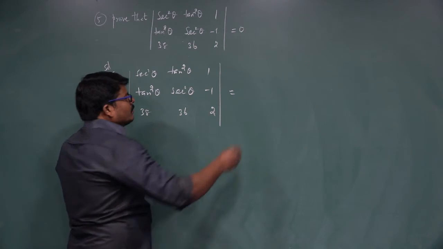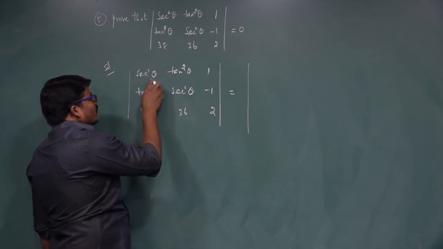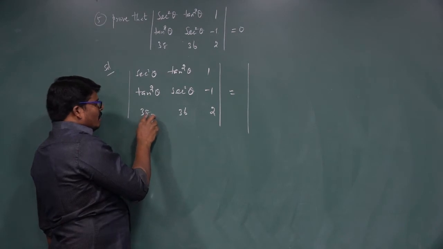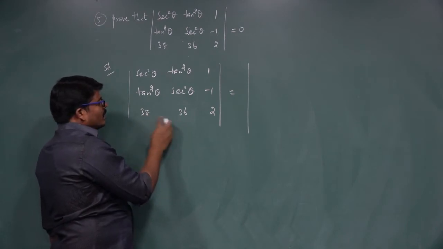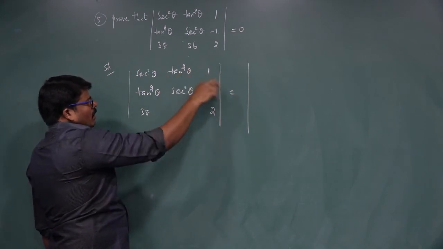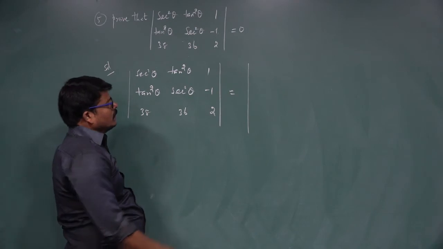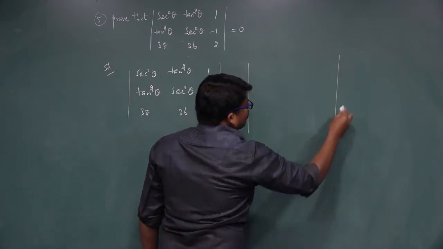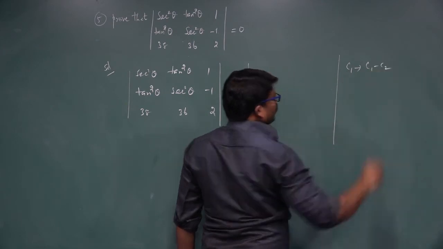Now we can write this first column: secant square theta, tan square theta, 3. In the first column we apply C1 gives C1 minus C2.